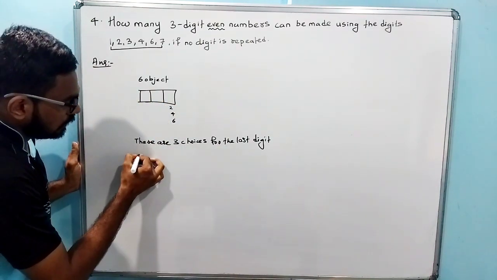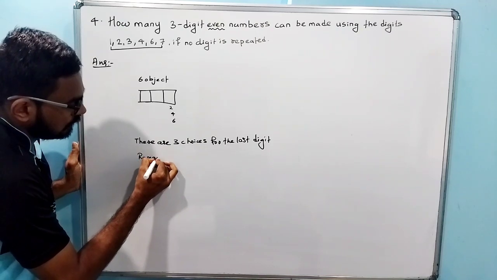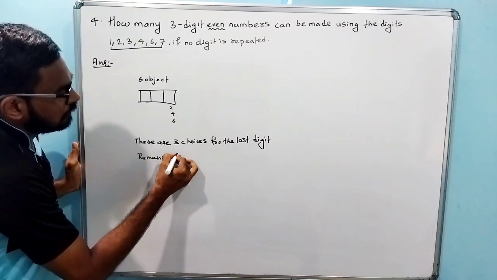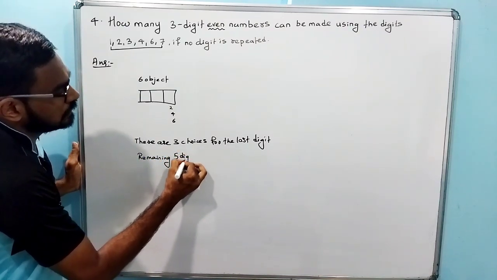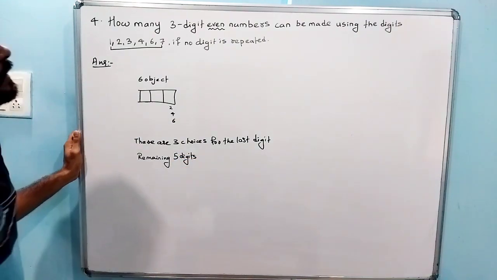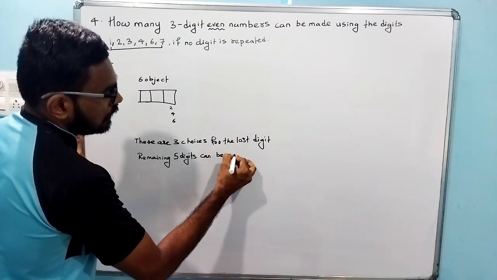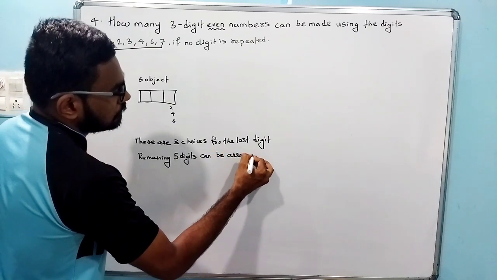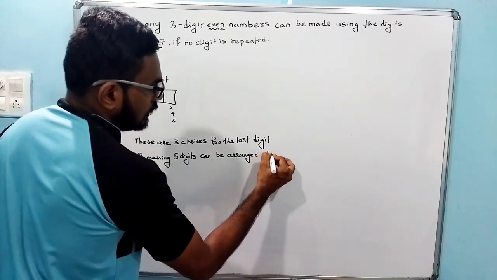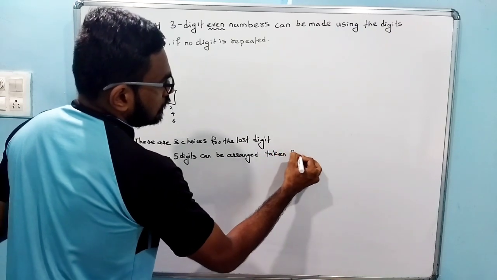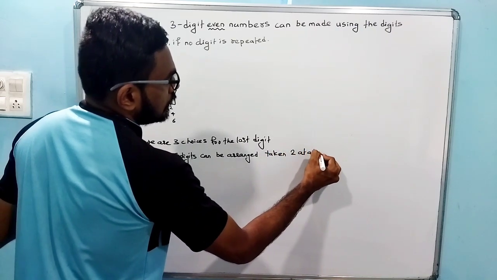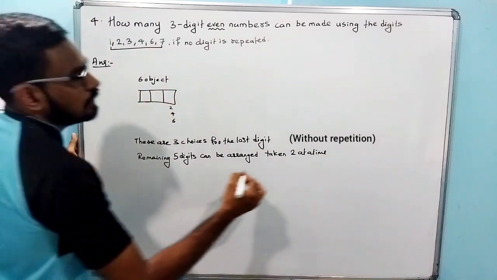So the remaining 5 digits can be arranged, taken 2 at a time, in how many ways?